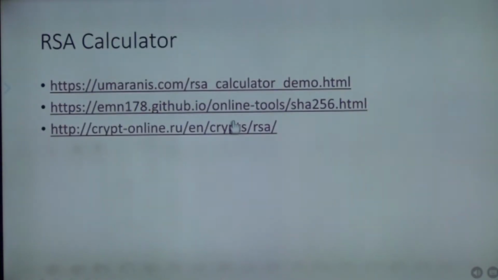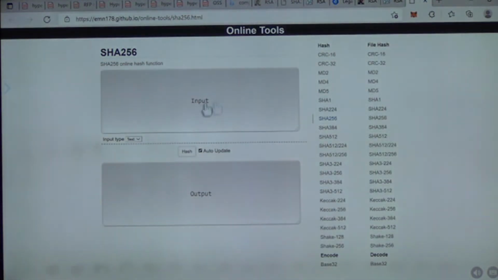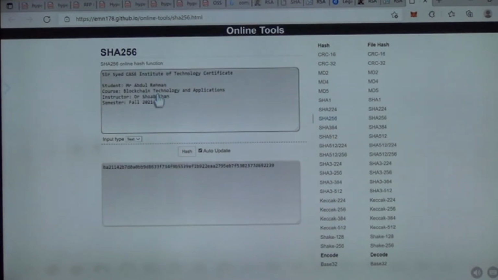We have already seen this utility. Otherwise, I'll be using a program, and the API will automatically call SHA-256, but here I'm just doing it manually. So I copy the information, Sir Syed Case Institute of Technology, and this is the hash. So I copy this hash.